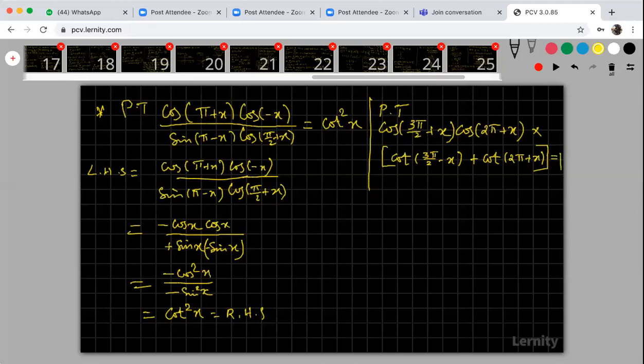Here cos of 3 pi by 2 plus x, cos of 2 pi plus x. Here cot of 3 pi by 2 minus x plus cot of 2 pi plus x. This is equal to 1.